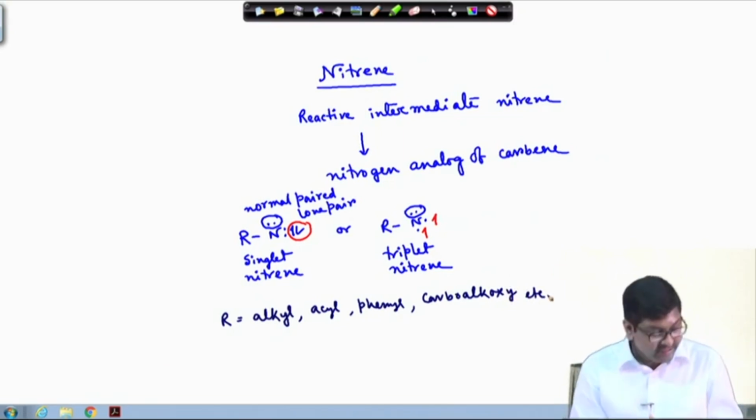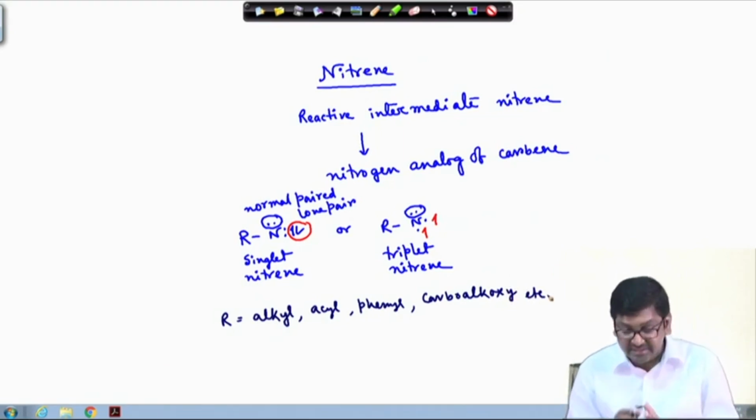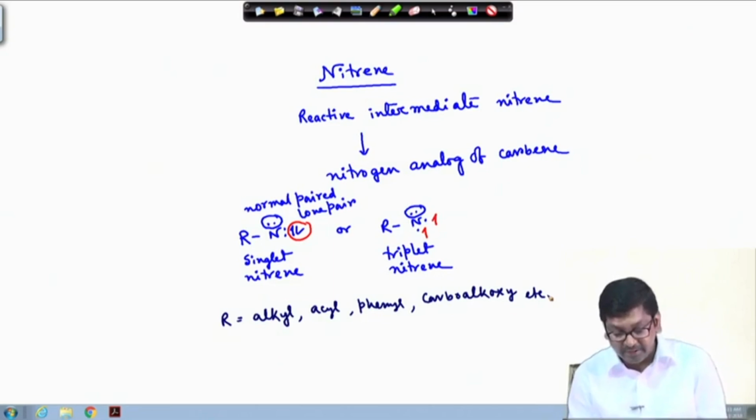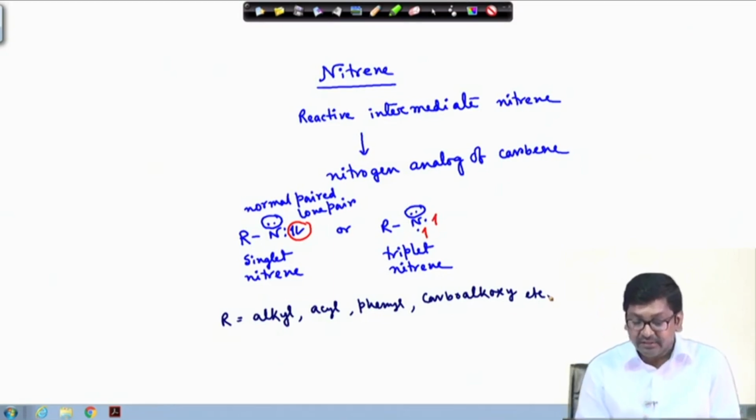So, this reactive intermediate species, that is nitrene, can be singlet or triplet, and they are the nitrogen analog of the carbene, where R could be alkyl, acyl, phenyl, etc.